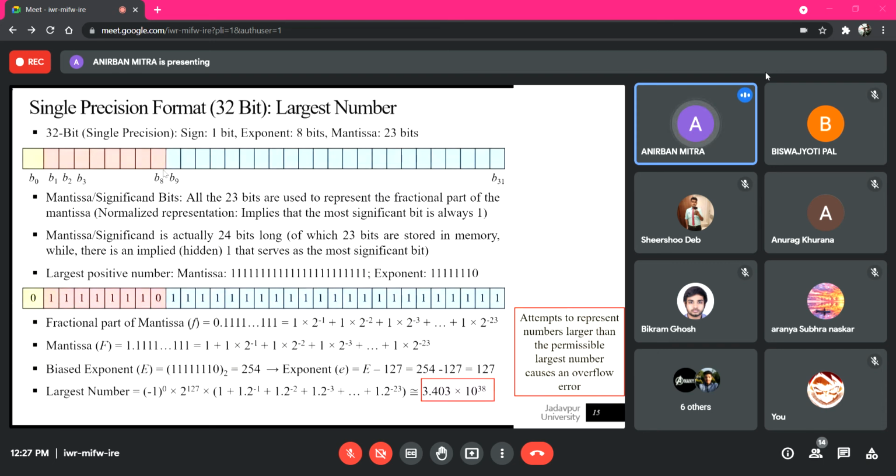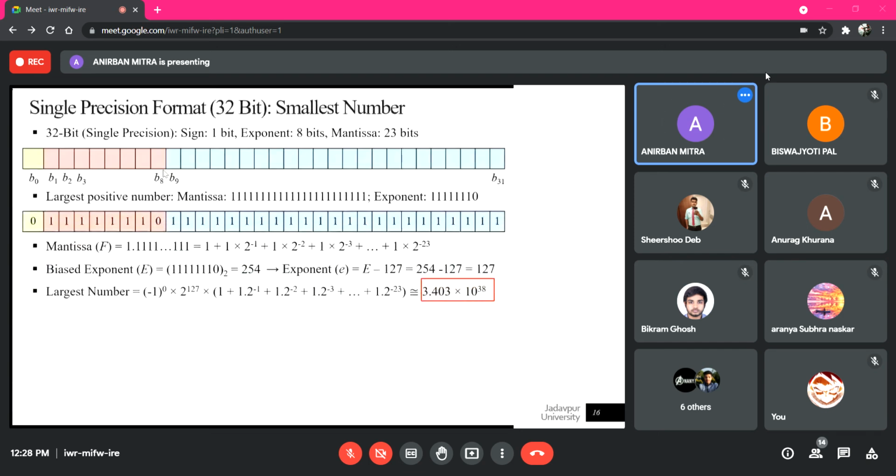This is known as an overflow error. So attempts to represent numbers larger than the permissible largest number cause an overflow error.